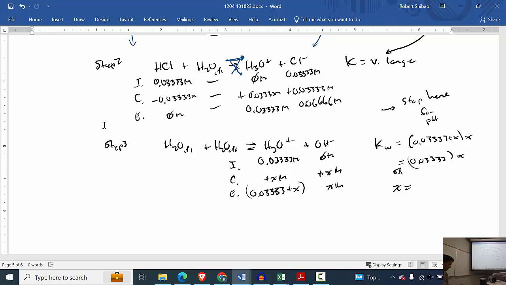Kw is 1 times 10 to the negative 14 divided by 0.0333. X is 3.0 times 10 to the negative 13.